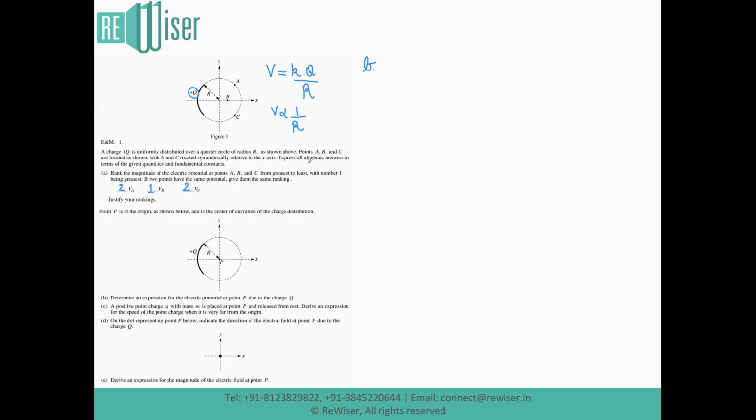So part B asks us to calculate the value of potential V. I know that potential V is given by the formula V equals integral of constant K into the differential of charge dQ divided by R. I know that dQ here can be written as dQ equals lambda into R into d theta.